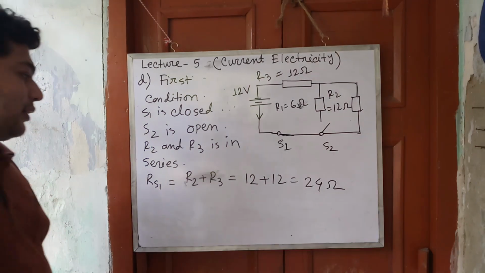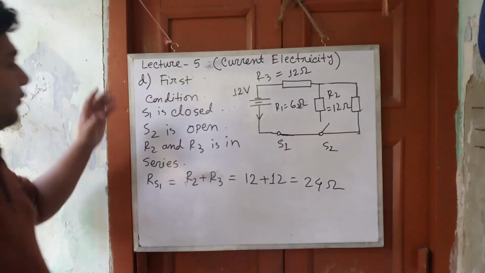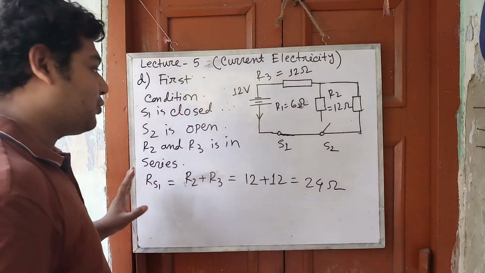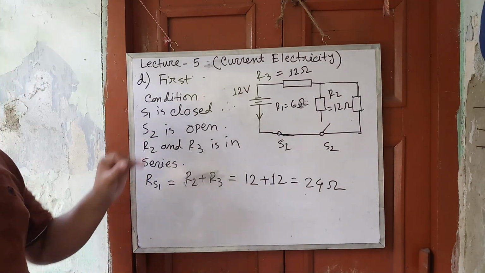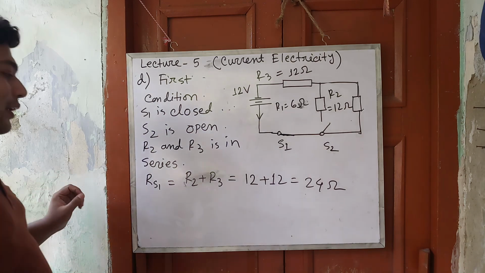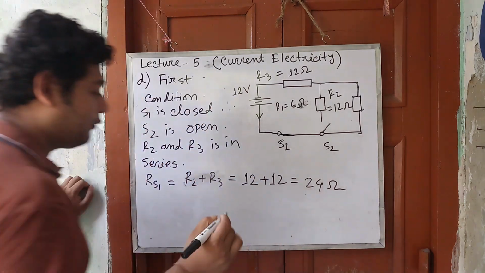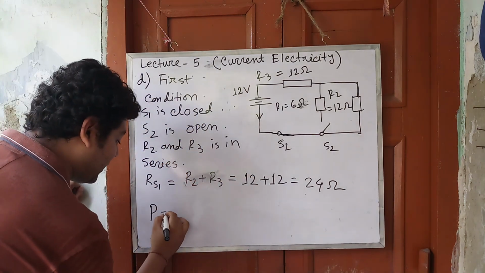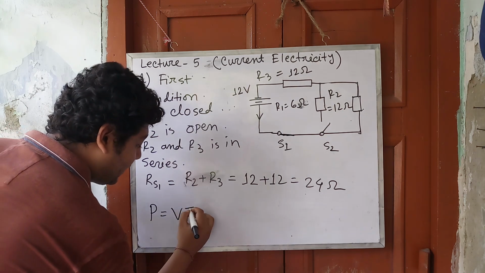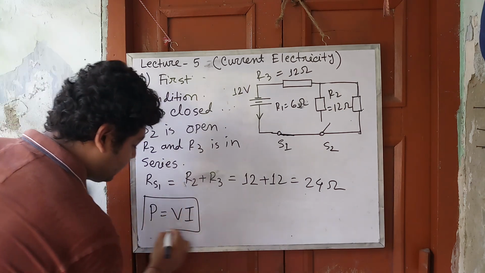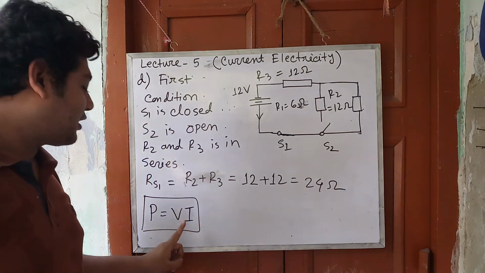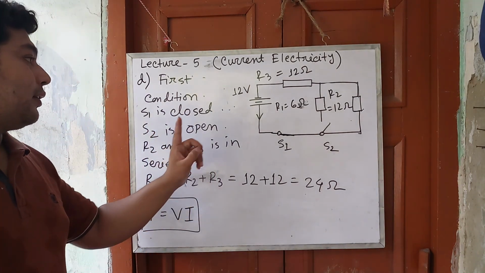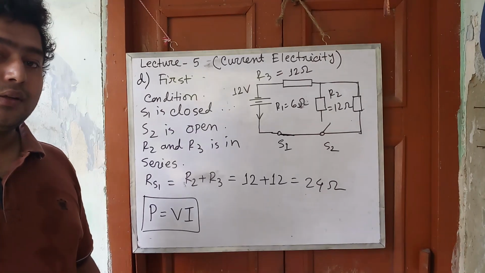For our first condition we need to determine the power of the circuit. We know that the formula for power is P equal to VI. So first of all, we need to determine the current for the first condition.